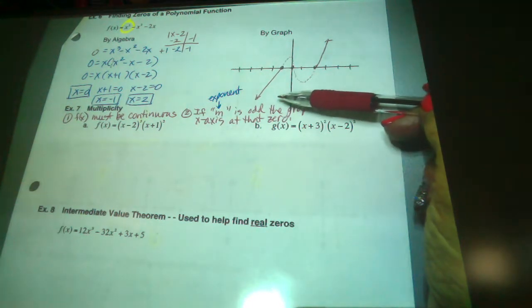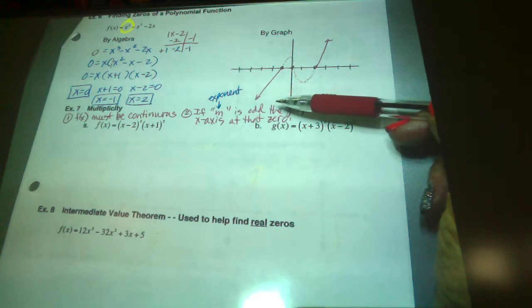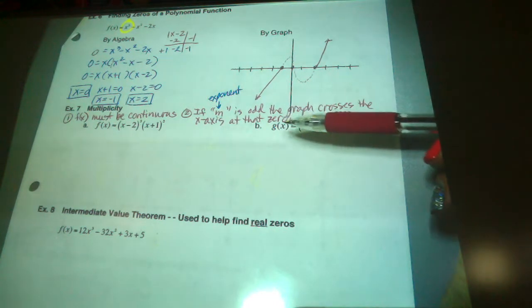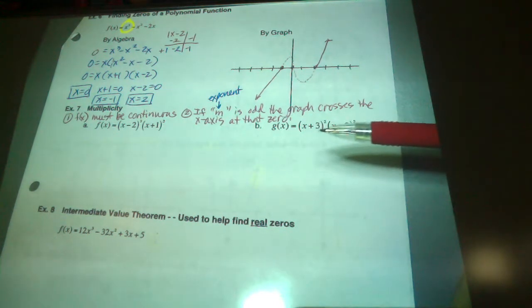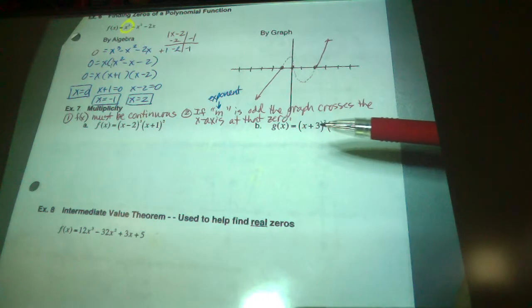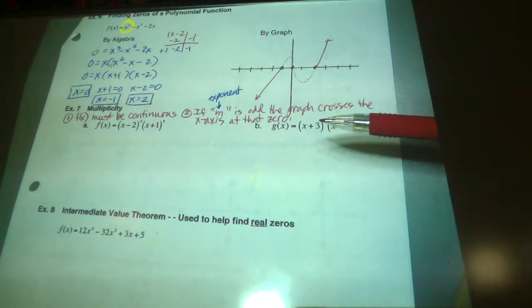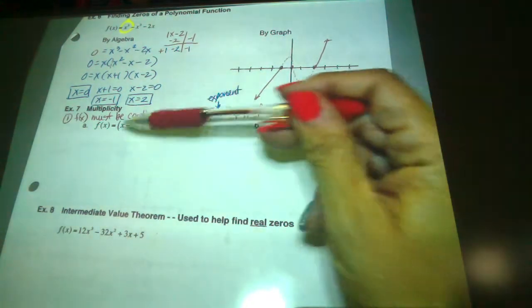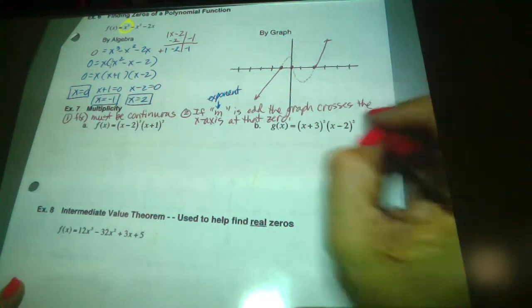Just touches it and bounces back off, it doesn't actually cross? Think of a parabola where the vertex is sitting on the x-axis. That's an example of where a graph might not cross the x-axis at a 0. So at those max and mins, it could just touch the x-axis and not actually go through. You can tell that based upon your multiplicity. So if it's odd, it goes through. So what do you think happens if it's even?